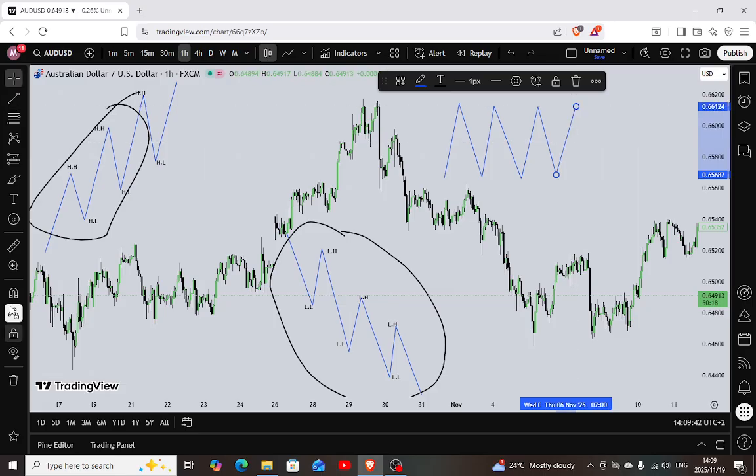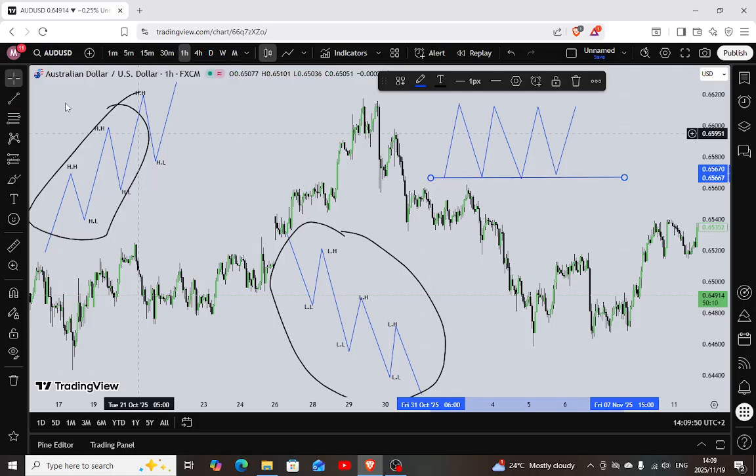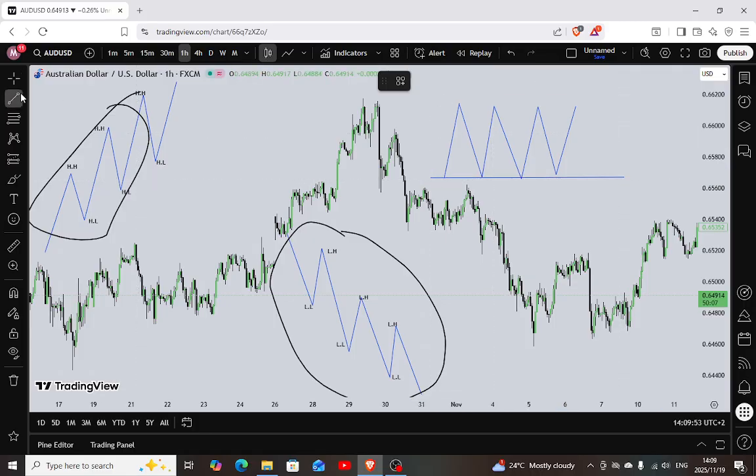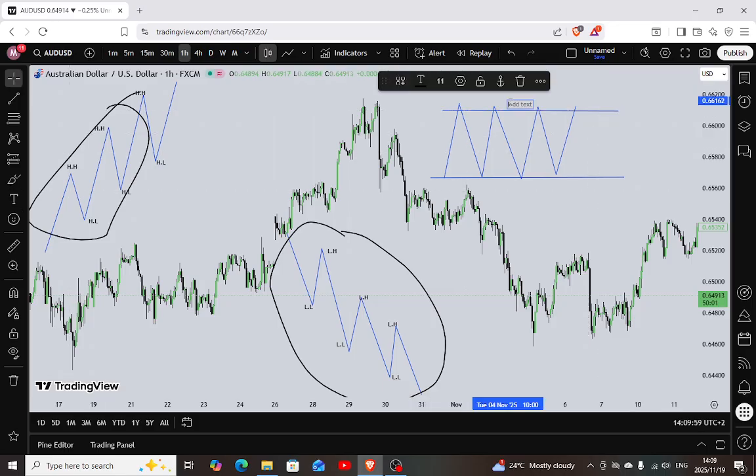It's just one zone. So you wouldn't say you have a higher high or higher low or anything of that sort, but it's just a low and high. So you can just put a high there, which is H, and then we put an L this side, which is a low.